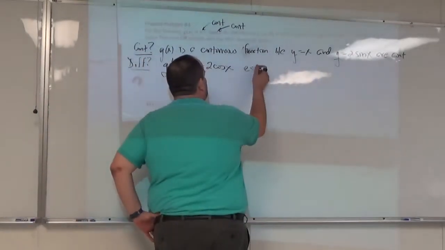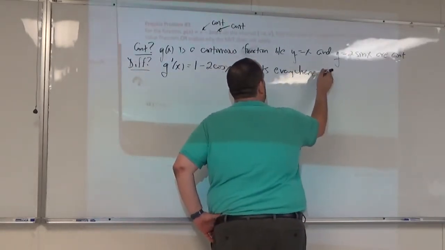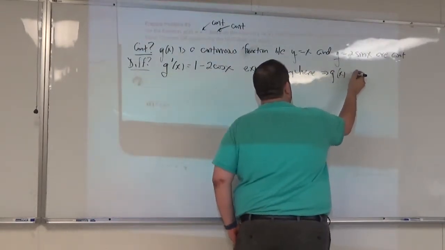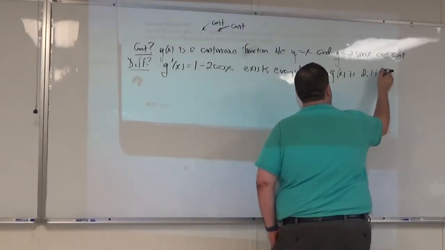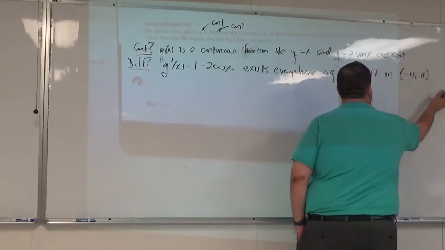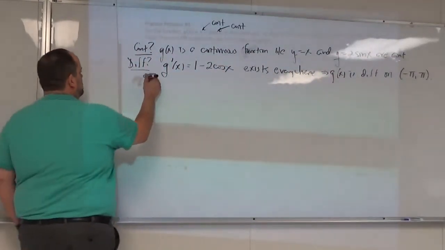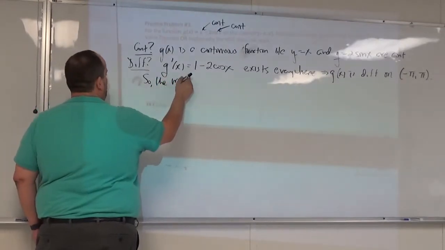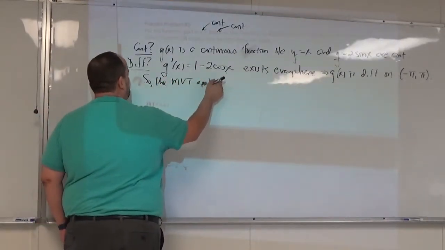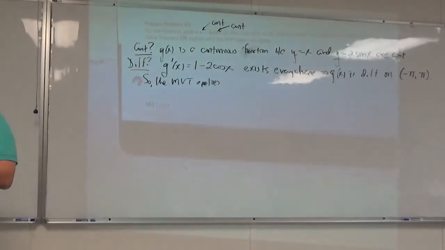G prime exists everywhere, which means G is differentiable on the open interval negative pi to pi. I know I'm going fast because I really want to get to this next part. So, the MVT applies. You have to check continuity, you have to check differentiability. You've done that, hurrah! Now what?